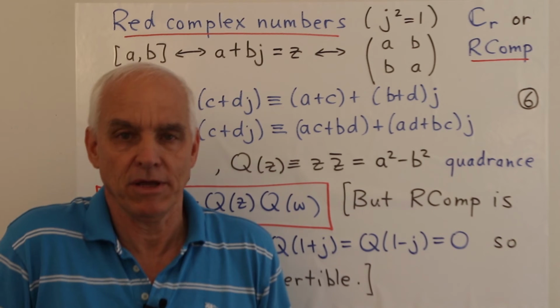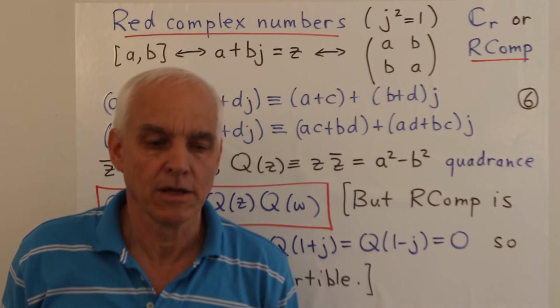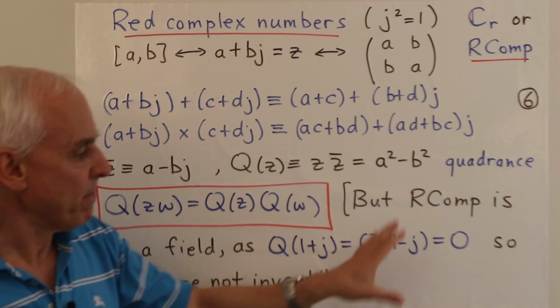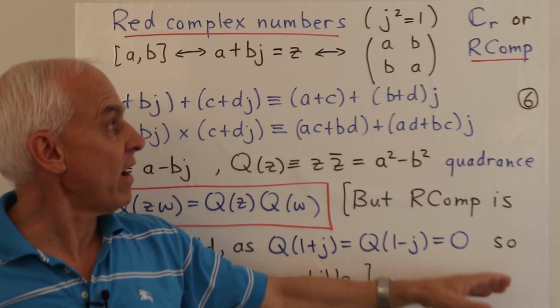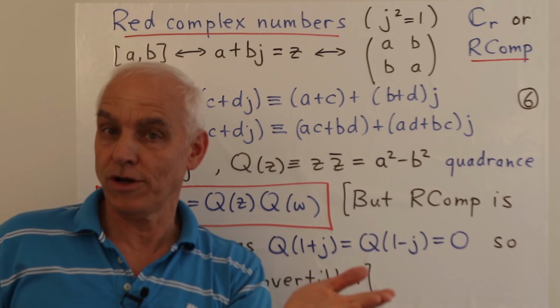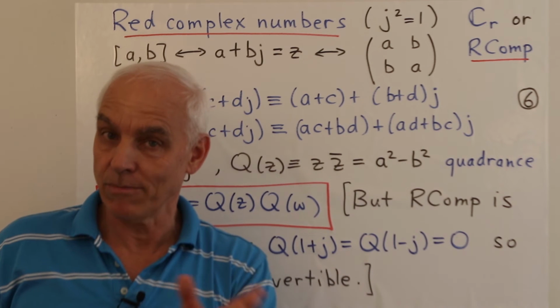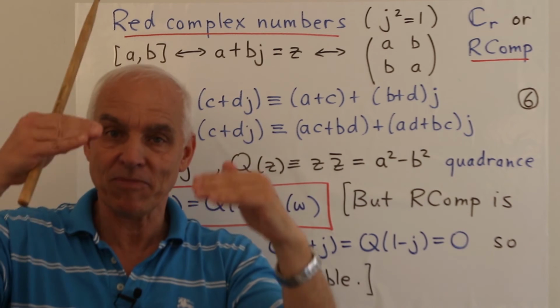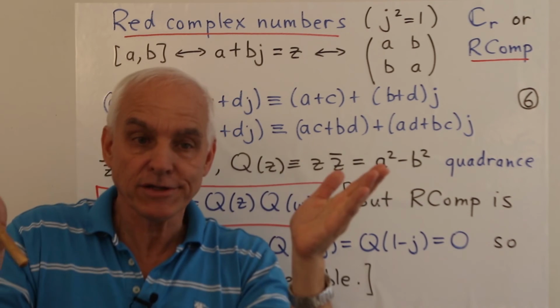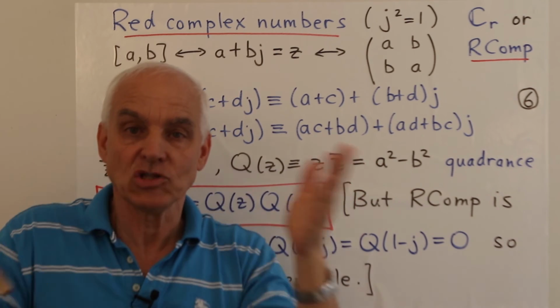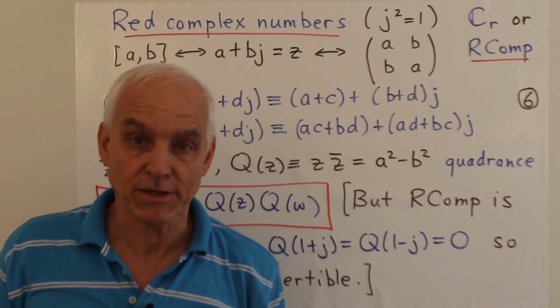In fact, maybe even more so. So do not minimize the potential importance of understanding this red alternative to the usual complex number story. I want you to think about them as just being different, alternate algebraic domains in which we can do arithmetic.